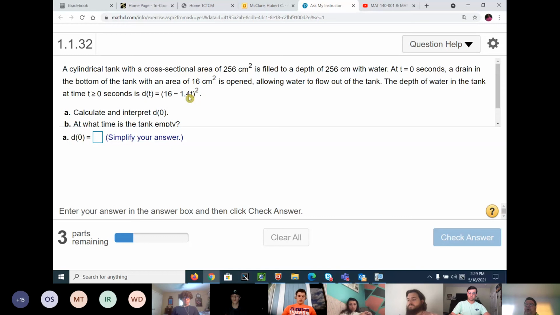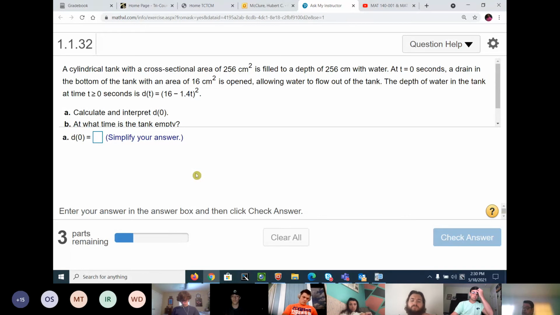I did a problem like this with a baseball in the previous class, throwing a baseball in the air, the same type of question. So we've got a parabola.